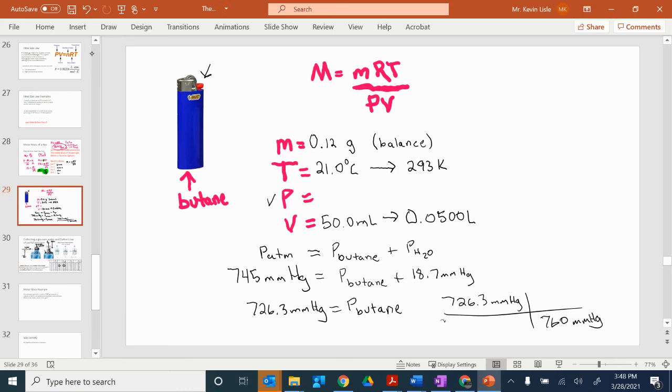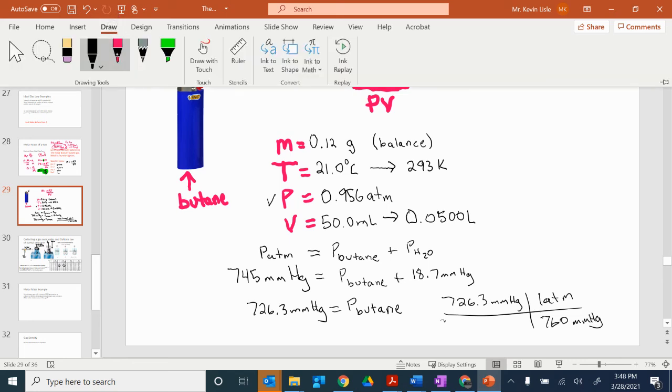And so if I do the math on this, 726.3 divided by 760, I get 0.956 atmospheres. So let's write that down. 0.956 is our pressure in atmospheres. And if we use that information, we should be able to have kind of a rough idea of what the molar mass of butane is. Let's see how that would be done.